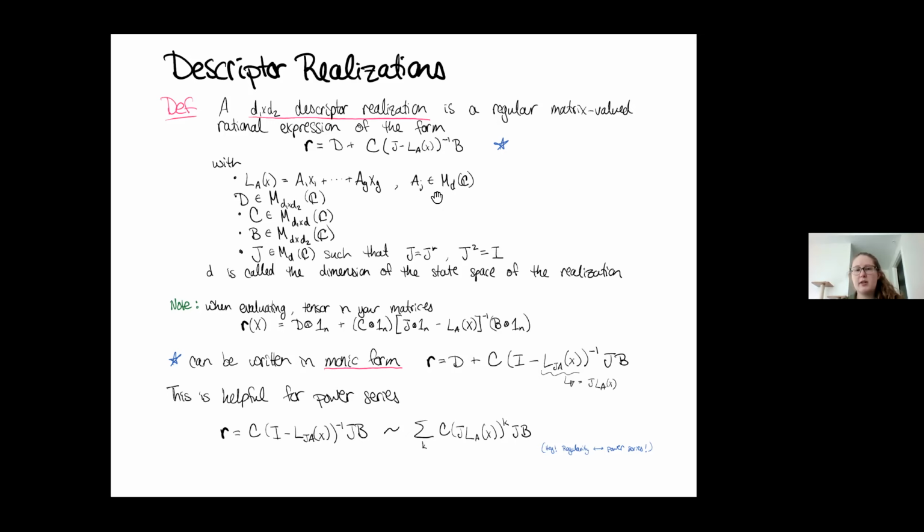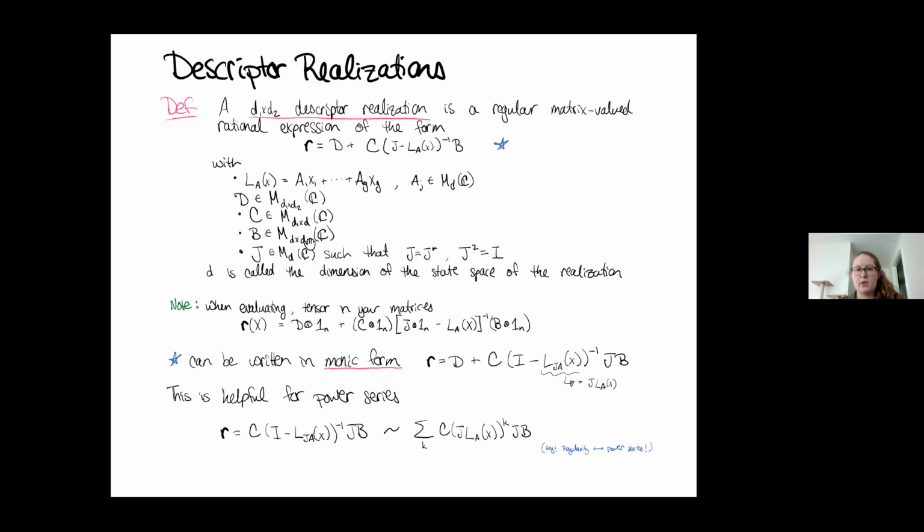So we have requirements about the size of things. The matrices that make up our pencil here are D by D matrices, as is our matrix J here. And then our C and our B, these have to be of appropriate size to multiply.